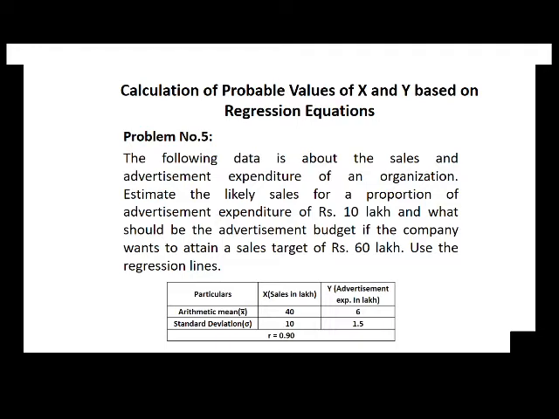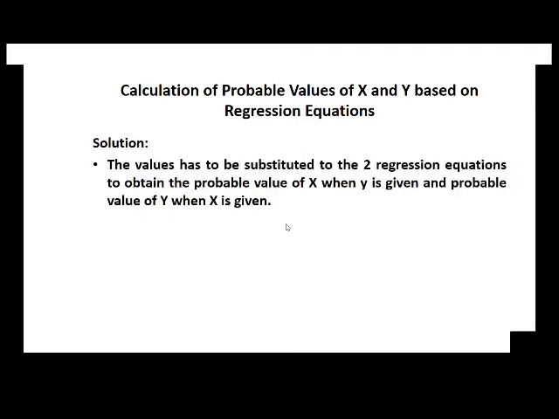The correlation between sales and advertisement is plus 0.90. The values have to be substituted into the two regression equations to obtain the probable value of x when y is given, and the probable value of y when x is given. That means x on y and y on x.